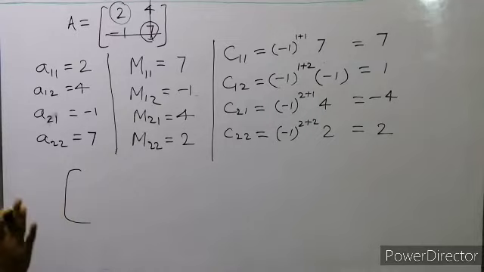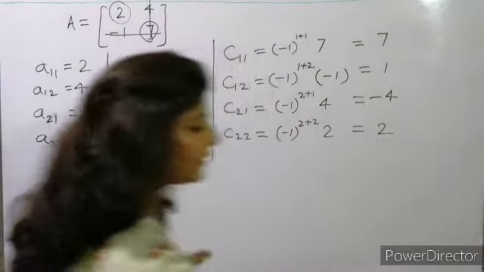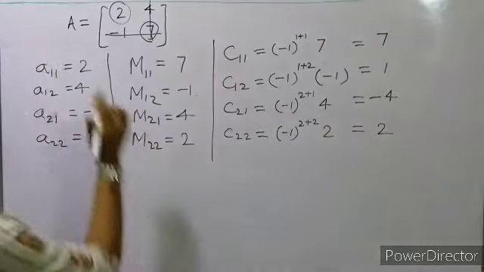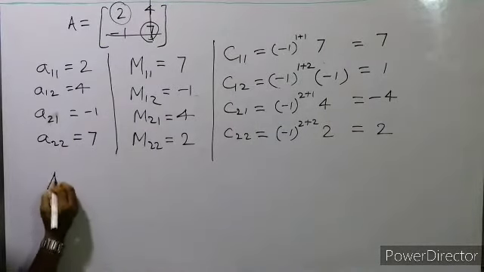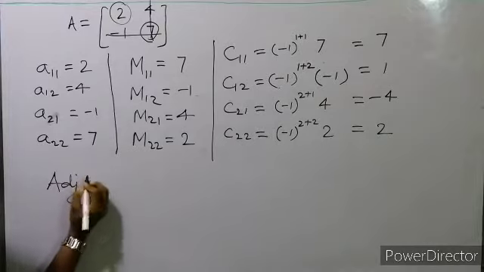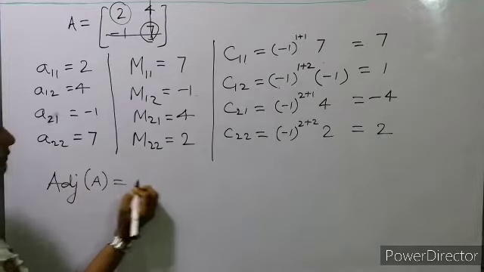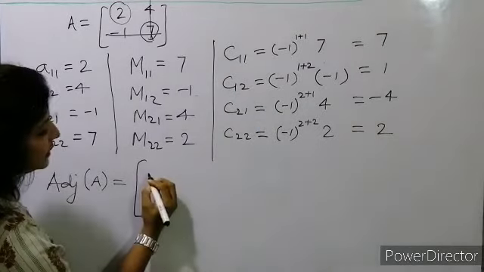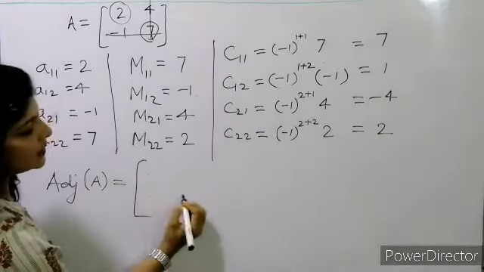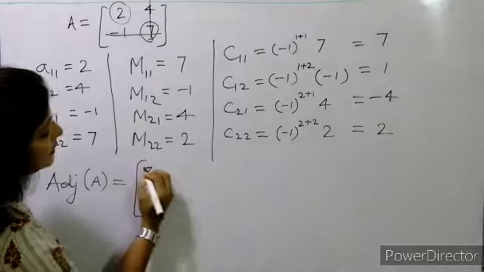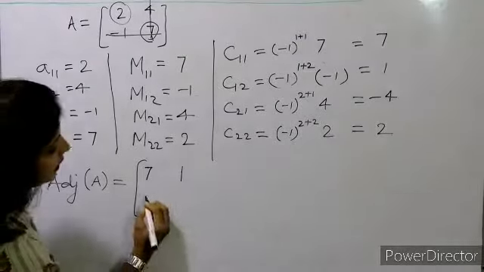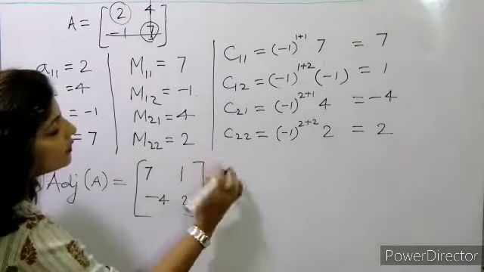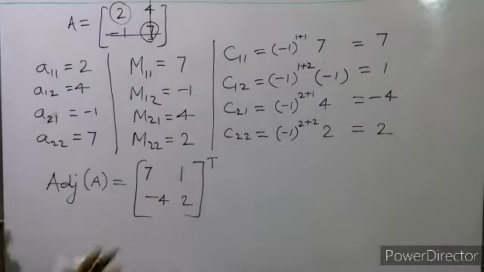So what is the adjoint? Now we'll write directly. The adjoint of matrix A will be: the values of C11, C12, C21, C22 we write as 7, 1, -4 and 2, and we take the transpose of this matrix.